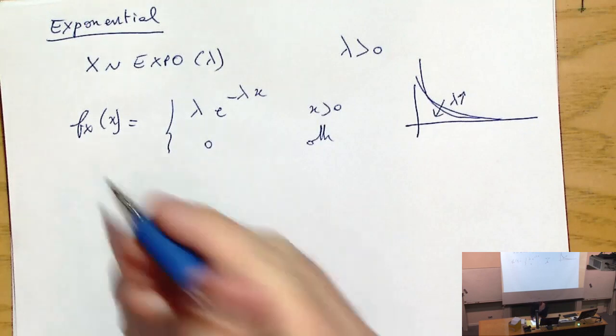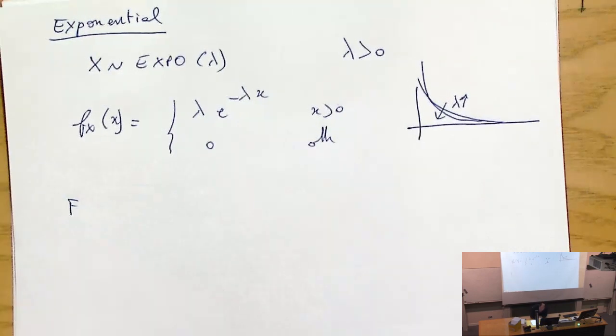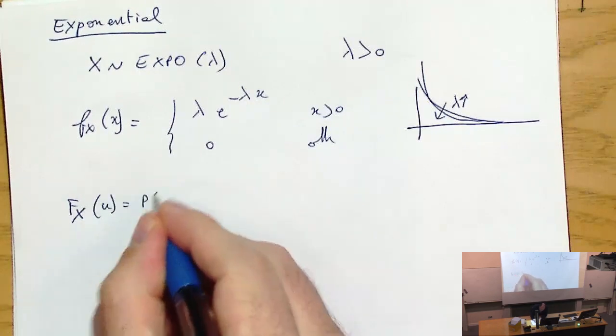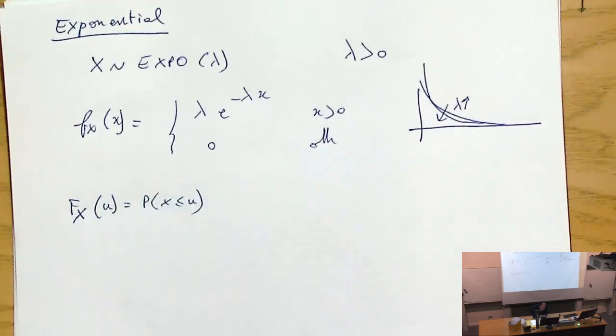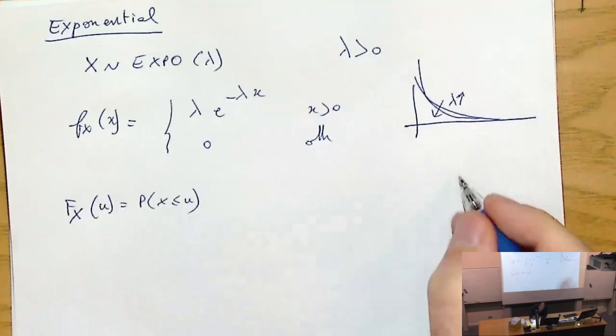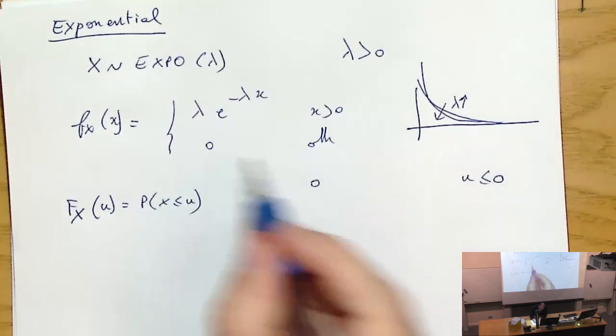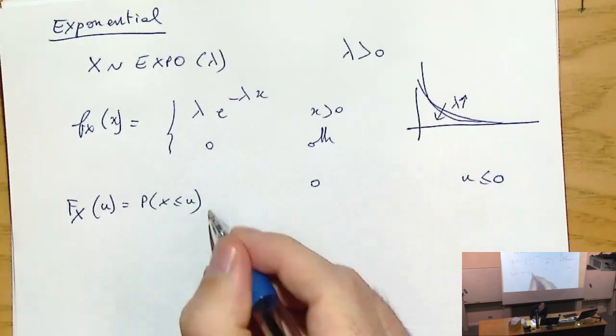Right, so what about the CDF of this exponential random variable? Well, that's the probability that x is smaller or equal to u, right? So if u is negative, this will be equal to 0, because here the PDF is equal to 0.